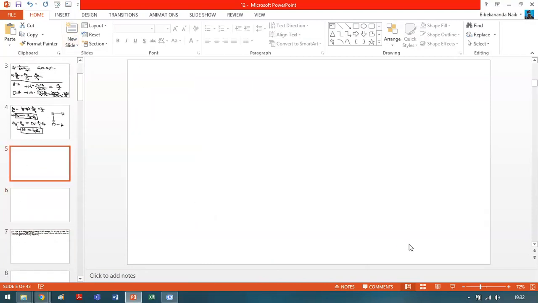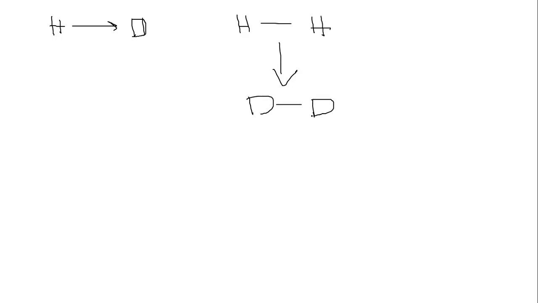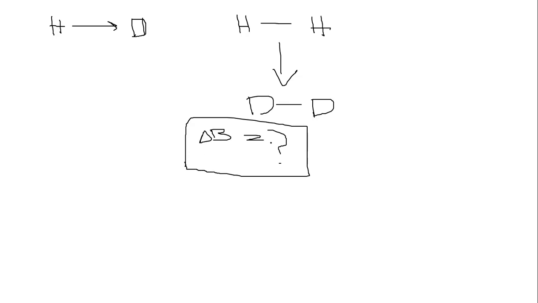Suppose in the question it was given, the question we recently solved is when the H is converted to D, but what will happen when this H is converted to DD, then what will be the change in rotational constant? So please calculate it and tell me what will be the value.